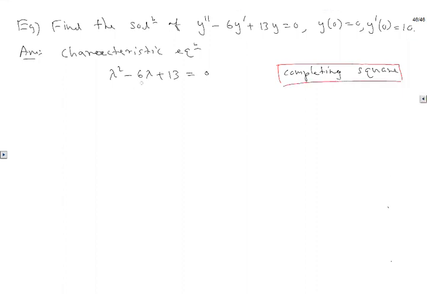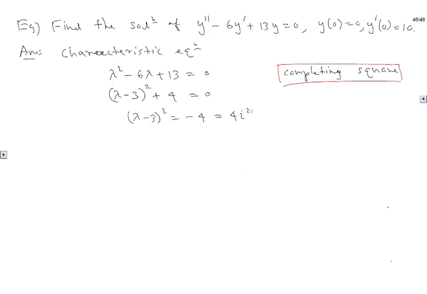We take half of the middle term, that means negative 3, so we can write this as lambda minus 3 squared. Once you do that, you're going to get 9. But we have 13, that means there are 4 left. Now we can write lambda minus 3 squared equals negative 4, which is 4 times i squared.